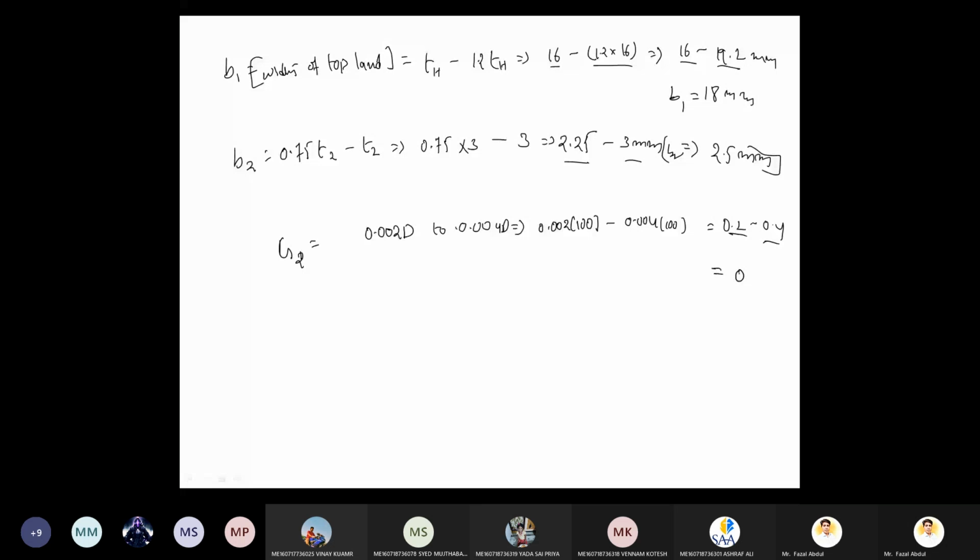G1 is the gap before inserting the piston inside the cylinder. The relation we have is 3.5 T1 to 4 T1.